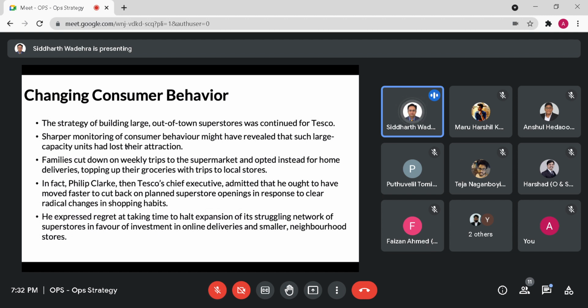He expressed regret at taking time. He lost a valuable amount of time to halt that expansion of the superstores in favor of investment in delivering goods that could be delivered online through smaller neighborhood stores.